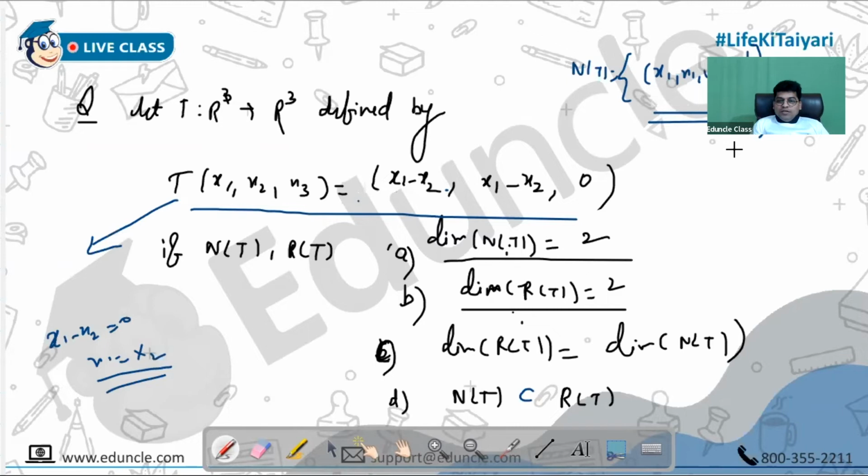So null space dimension is 2. This is clear. This is wrong. Why? Because the dimension of R(T) is 1, range space 1, because null space is 2. Yes or no? Null space is a subset of R(T)? R(T) has lesser dimension. This is right. So answer number 1 is correct.